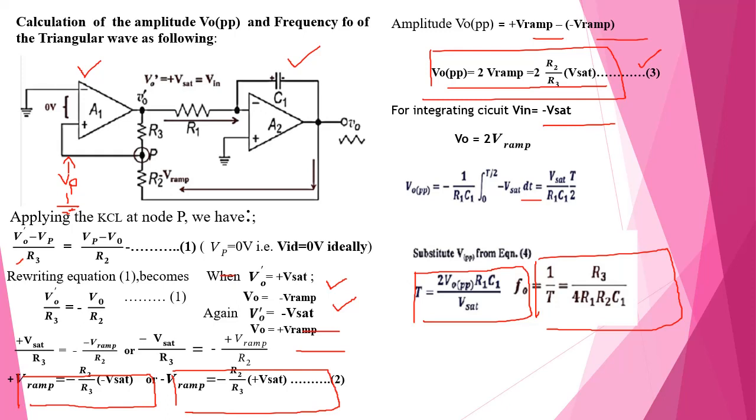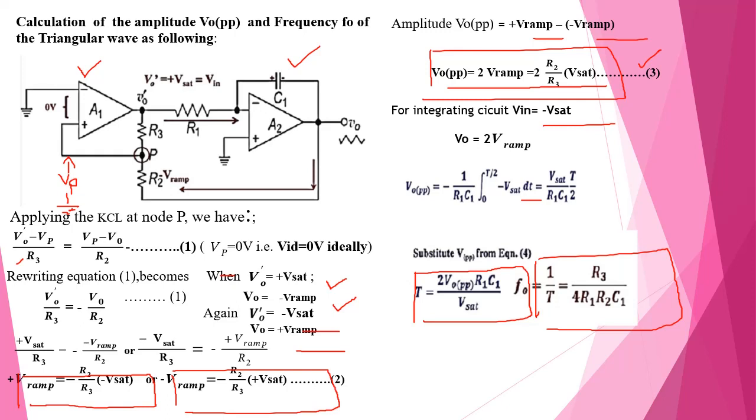Rewriting the equation, V0 dash divided by R3 equals minus V0 divided by R2. What is V0 dash? V0 dash equals Vsat. When V0 dash equals positive saturation, the output of the triangular generator is minus V ramp. We substitute these values in this equation: plus Vsat divided by R3 equals minus V ramp divided by R2.